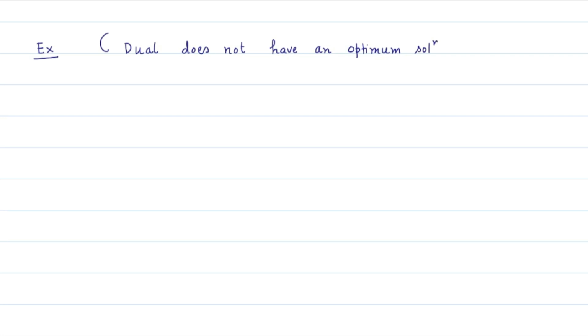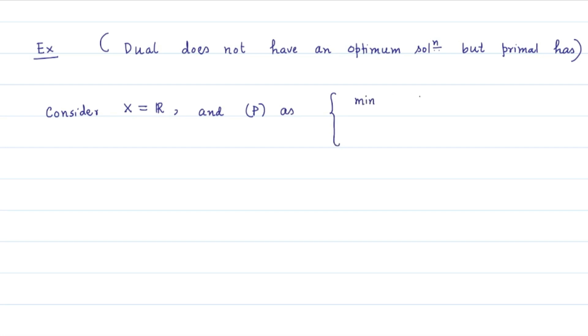Towards this, we consider the following example: consider the set capital X to be the real number set and the primal problem as the problem which is minimization of the function, say, x plus 2010, subject to the constraint that half x square is less than or equal to 0 and x belonging to capital X.